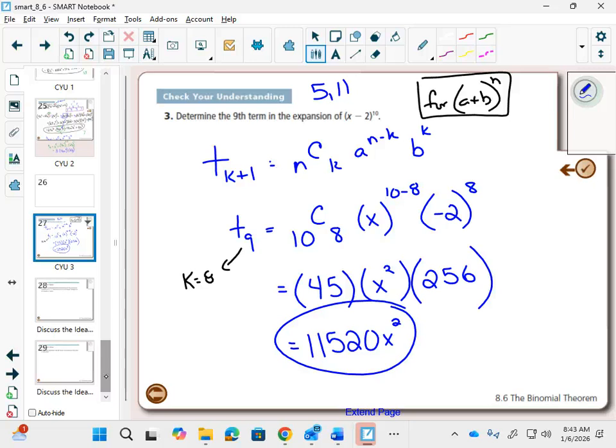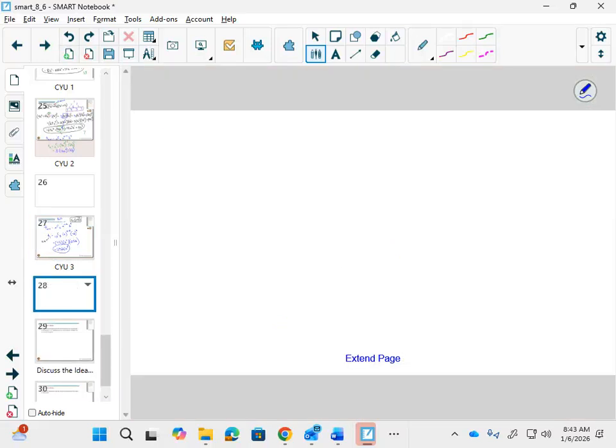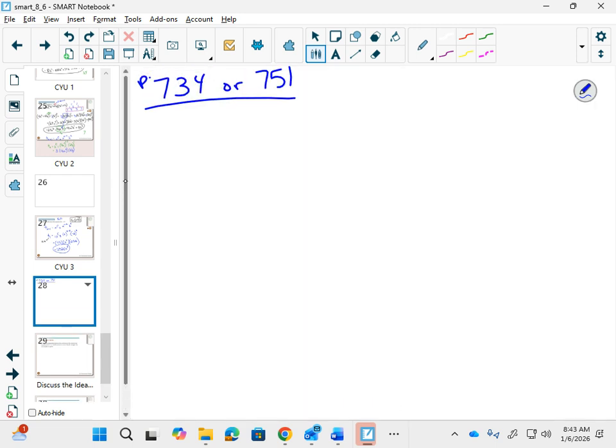Okay, I'm going to get you to turn now to questions 5 and 11. I'm going to get you to turn either to page 734, which is blank, or 751. And we're going to look at binomial theorem questions that just increase the difficulty a little bit.